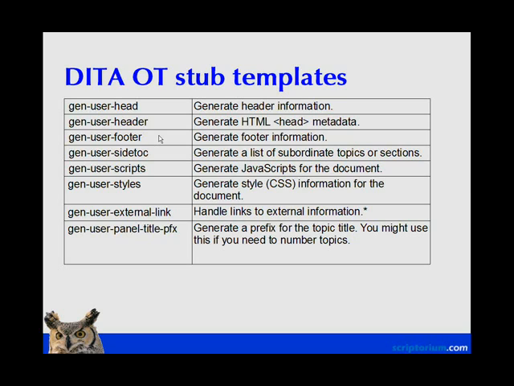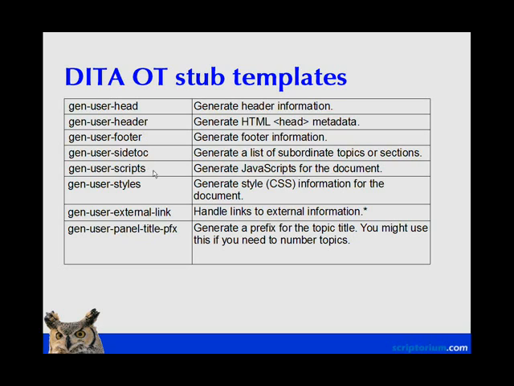So actually lists all of them. So there's head, header, and footer. So these are just like the header and footer boilerplate template files that we brought in earlier. We can also create a side talk, so we can create a list of subordinate topics. This is sometimes called a half title.